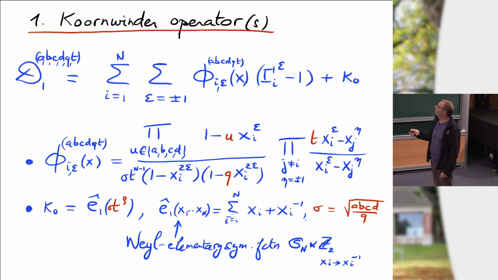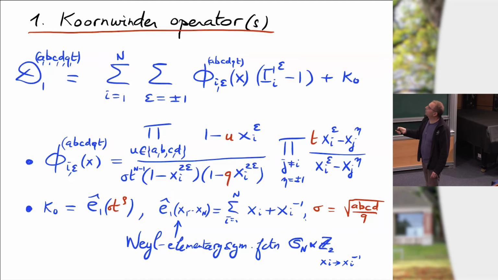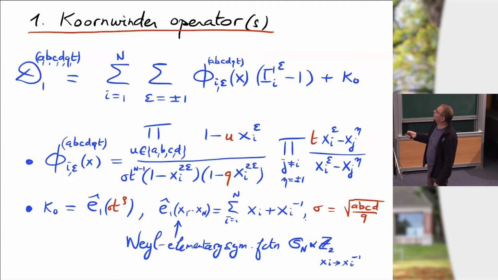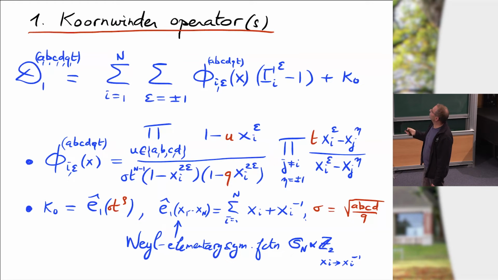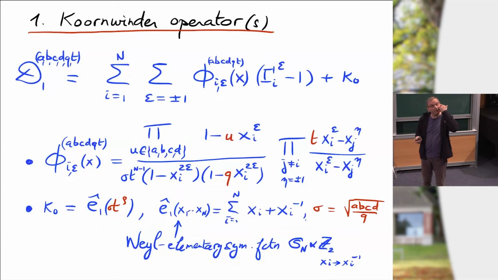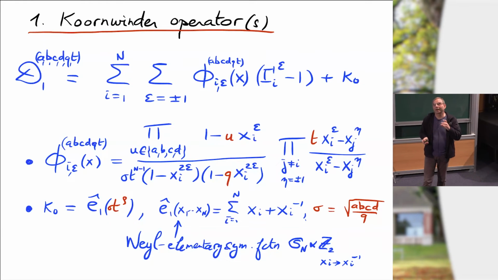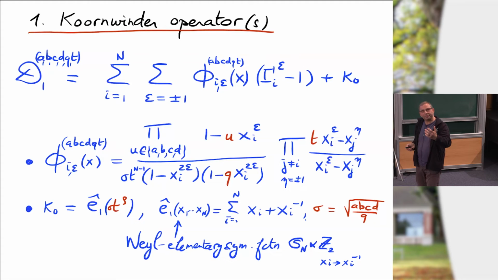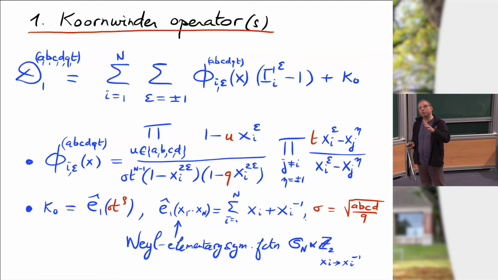And the fundamental operator, so the first order difference operator that will define entirely all the polynomials, is this expression here. So again, a shift, but now you notice that I'm summing also over a sign, plus or minus. And the reason is that now, instead of looking at polynomials of A type, we're going to look at polynomials of B type.